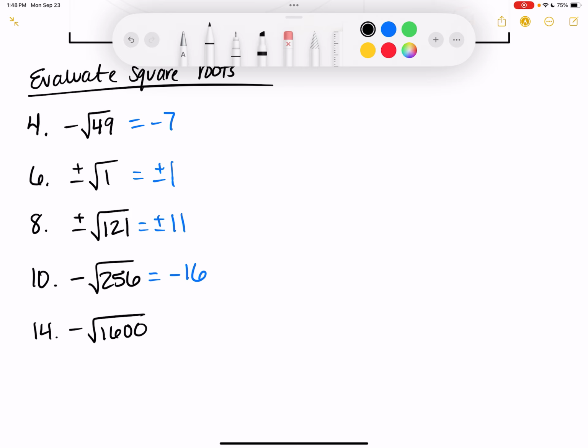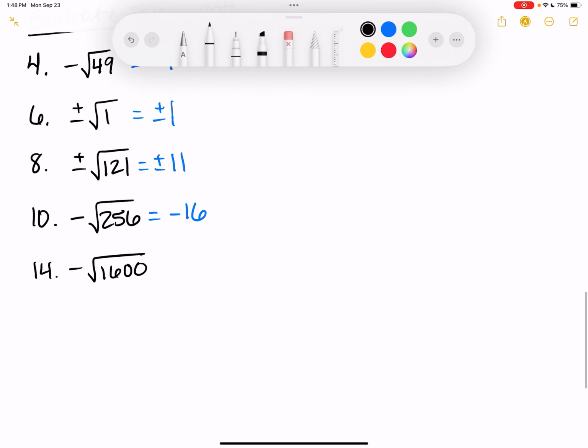I just know it in my brain. Okay, he was right.